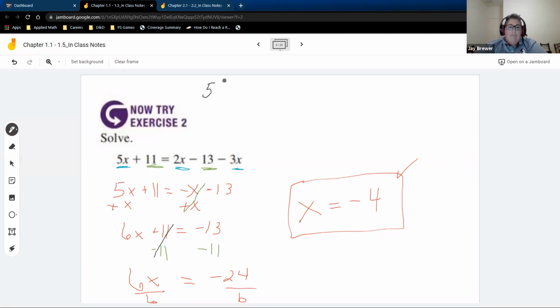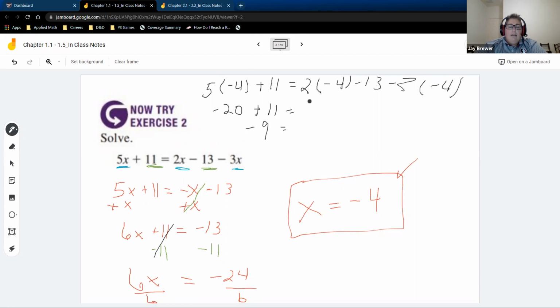Let's do 5 times -4 plus 11. And we need to see if that will be equal to 2 times -4 minus 13 minus 3 times -4. Okay, so here you're looking at 5 times the -4 will give us a -20, plus 11 will give us a -9.